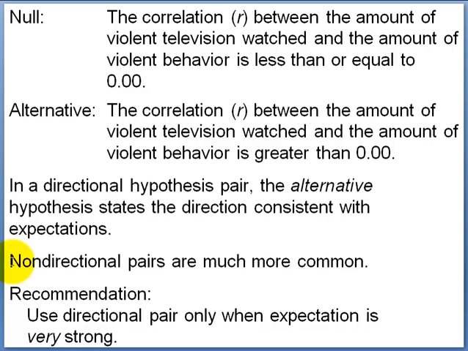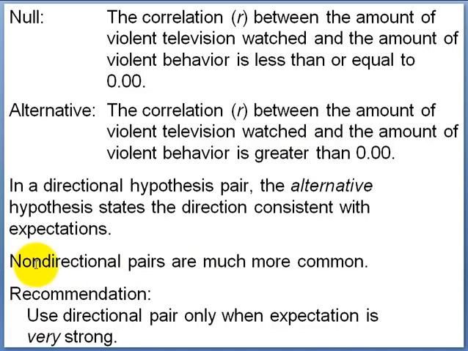It's using the operators less than and greater than, or more particularly, less than or equal to versus greater than, or greater than or equal to versus less than. What I'm trying to say is the equal to condition is always stated in the null. So the null states the direction opposite to expectation and also the equal to condition, and the alternative states the greater than condition. But which pair should you use?